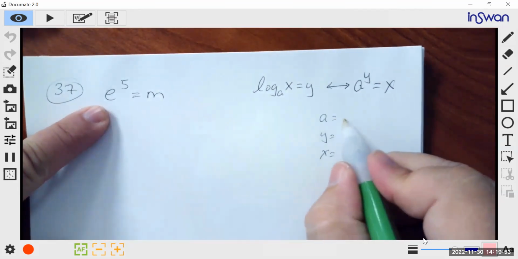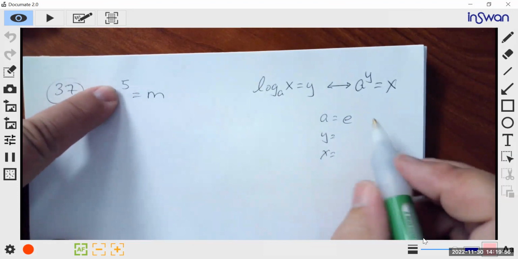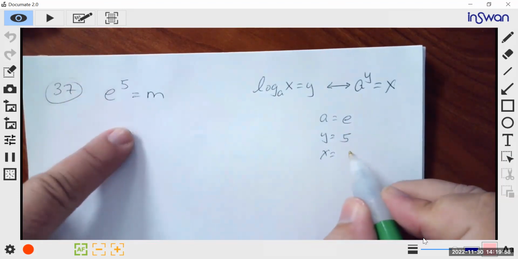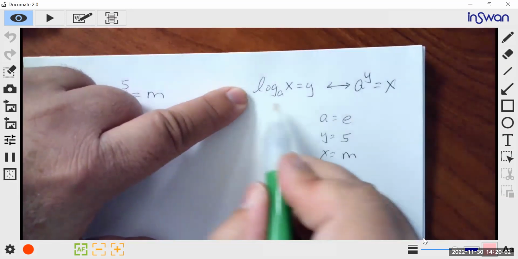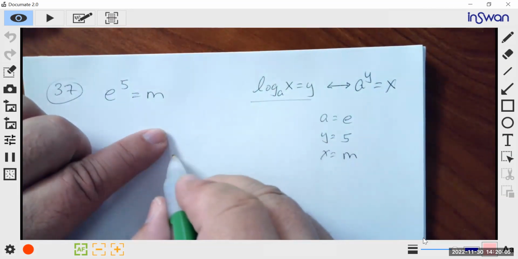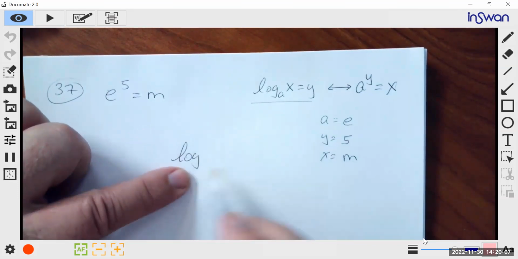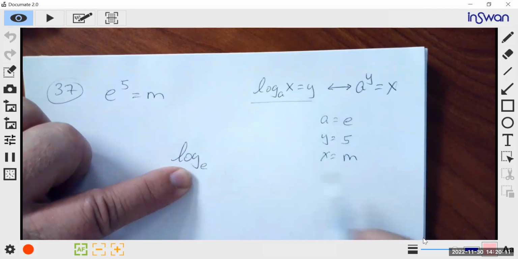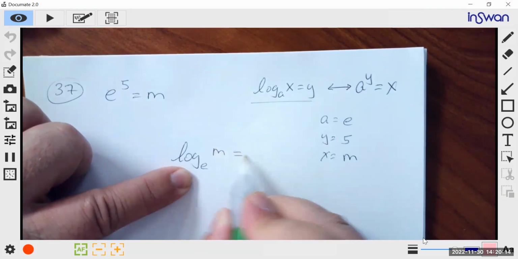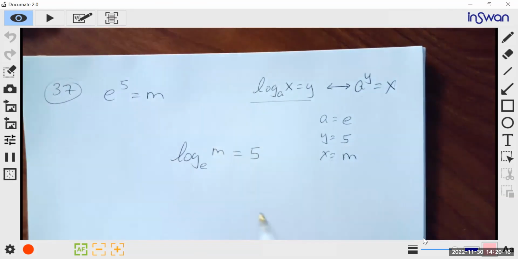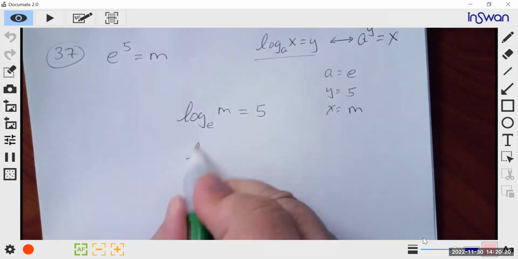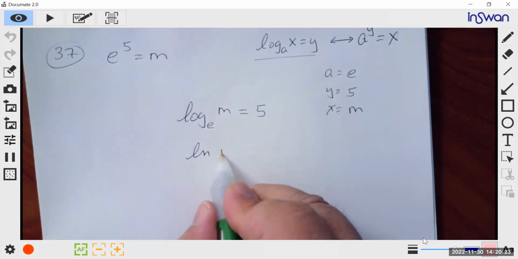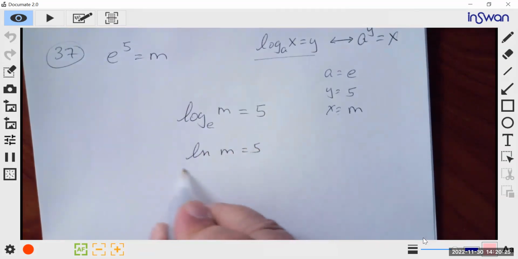A is the e, the base. The y is the 5. And the other side is m. Now I just plug them in the right place. Log a, a is e. X is m. And y is 5. But log base e is ln. That's the answer.